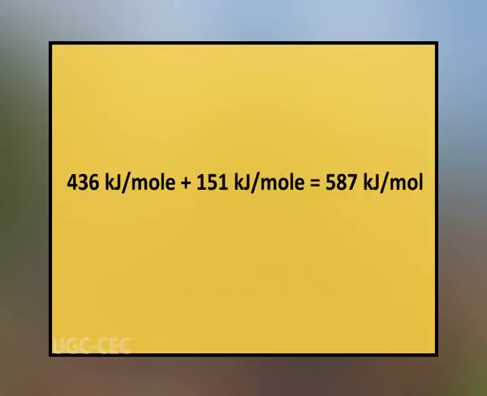Therefore, the sum of enthalpies on the reactant side is 436 kilojoules per mole plus 151 kilojoules per mole, which comes out to be 587 kilojoules per mole. This is how much energy is needed to break the bonds on the reactant side. Then we will look at the bond formation, which is on the product side.